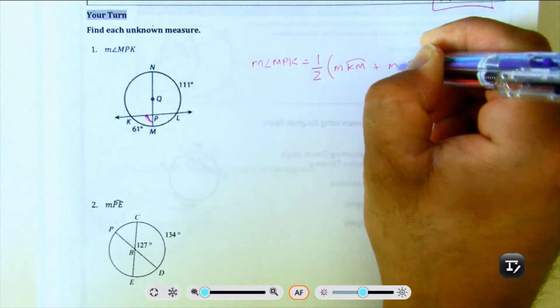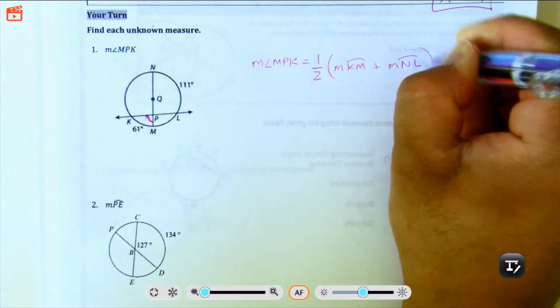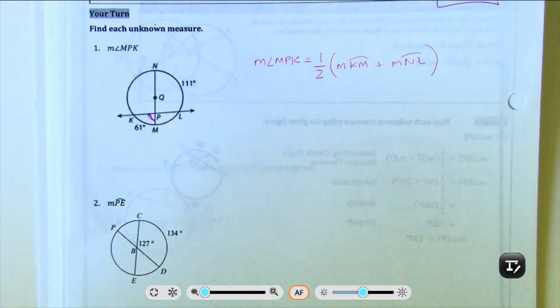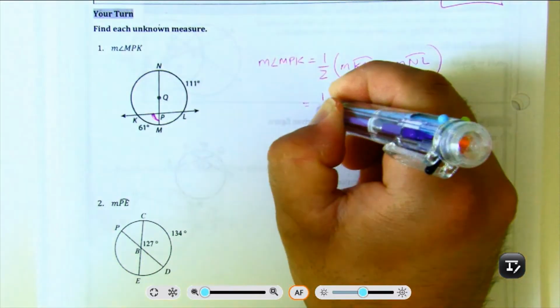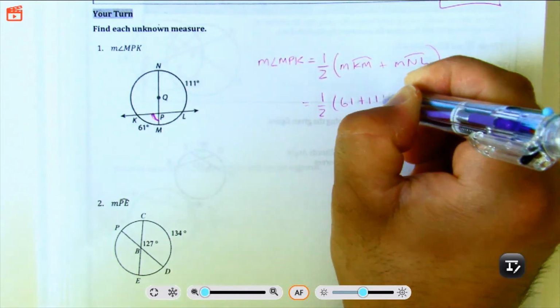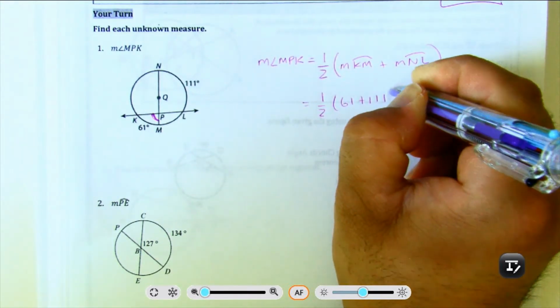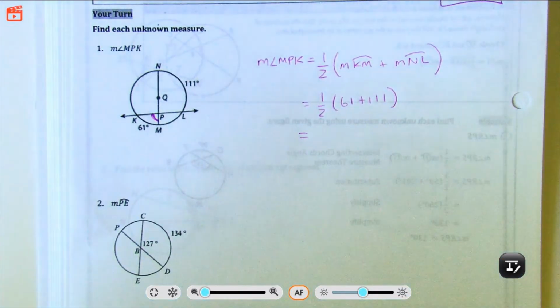So now that we have our equation, we could easily plug in the numbers. So we have 1/2 times 61 plus 111. Doing PEMDAS, we add inside the parentheses. 61 plus 111 is 172.